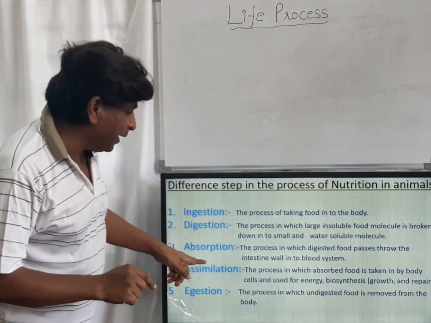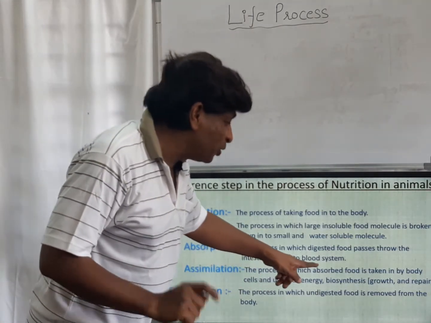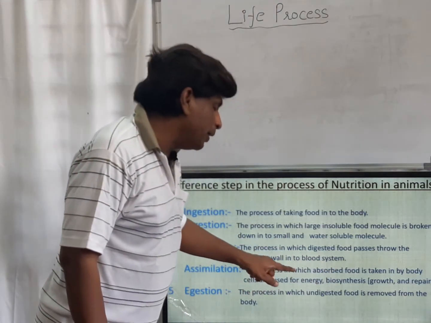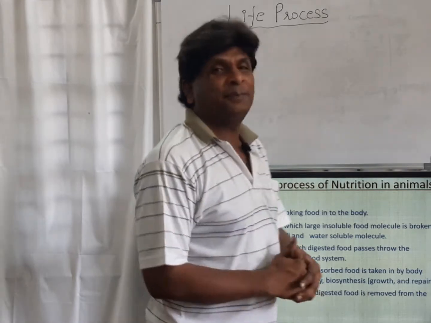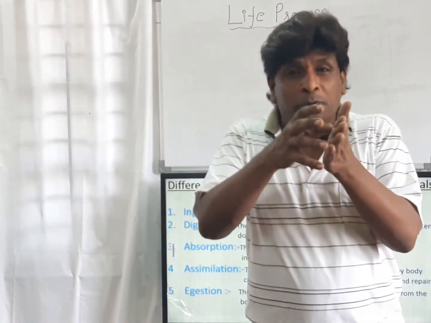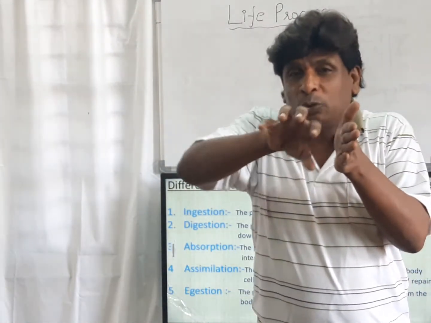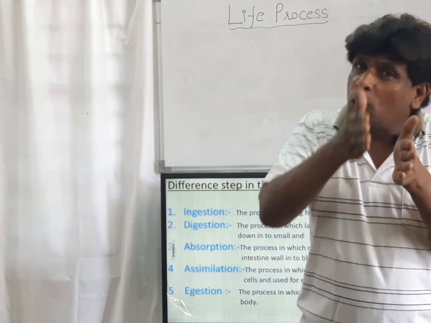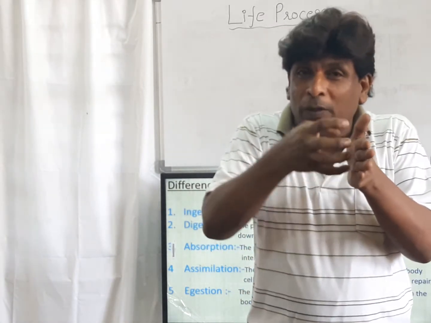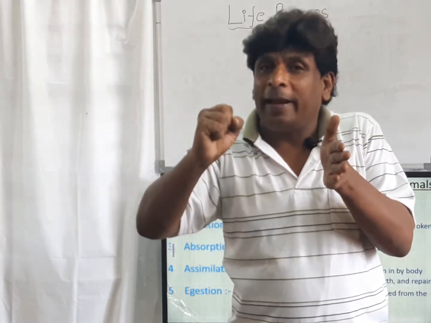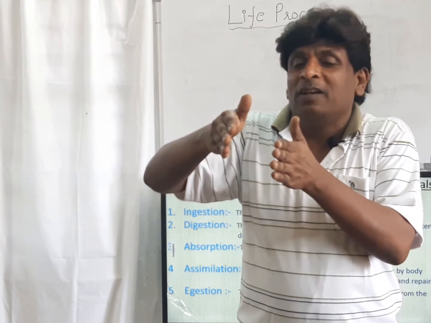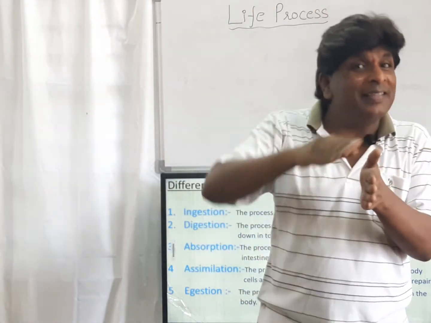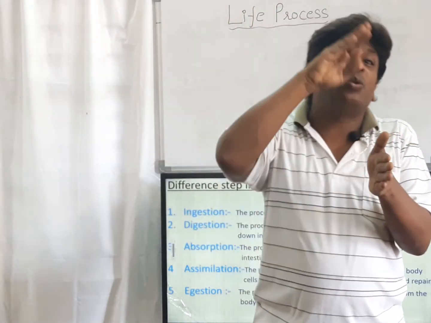Next, assimilation: the process in which absorbed food is taken into body cells and used for energy and biosynthesis. See here, friends, when it is absorbed by the layer and given to the blood, because it is soluble food now, it is absorbed by the blood, and this blood is transferred throughout the body, because blood is circulating throughout the body.